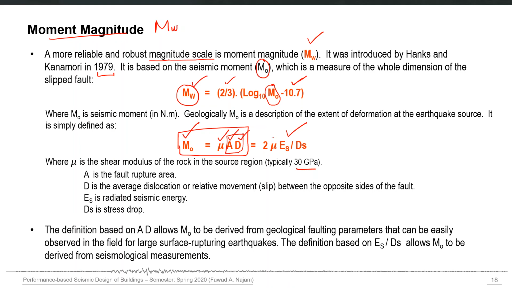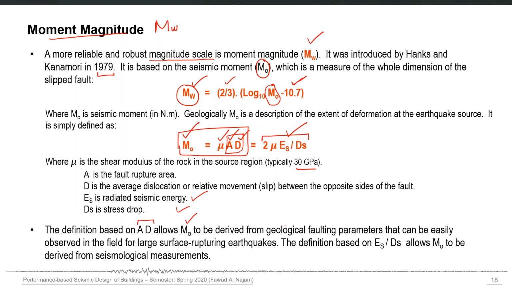This can also be equal to this number, where ES is the radiated seismic energy and the other term is the stress drop. The definition based on A and D allows M naught to be derived from the geological faulting parameters that can be easily observed in the field for large surface-rupturing earthquakes.